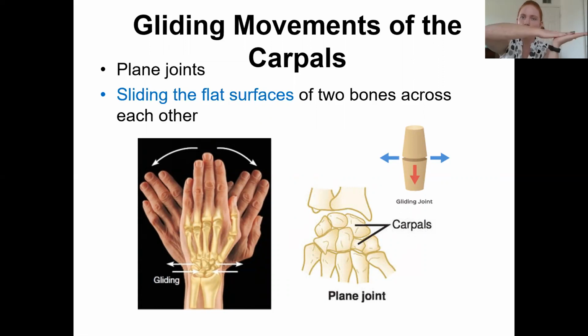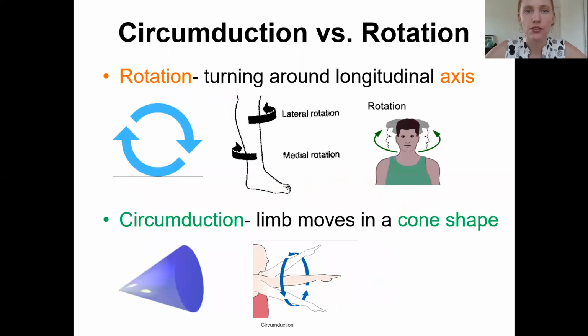Okay, so they can go in multiple directions, but they're only going to glide along one plane. Those are plane joints. And as they're sliding along those flat surfaces, that's what allows you to do wrist abduction and adduction. Okay, so those are plane joints between those carpals.